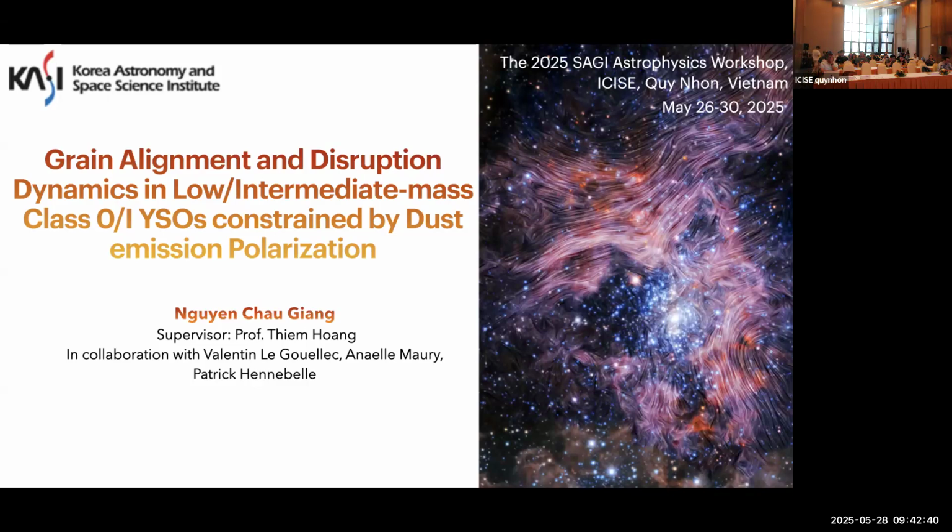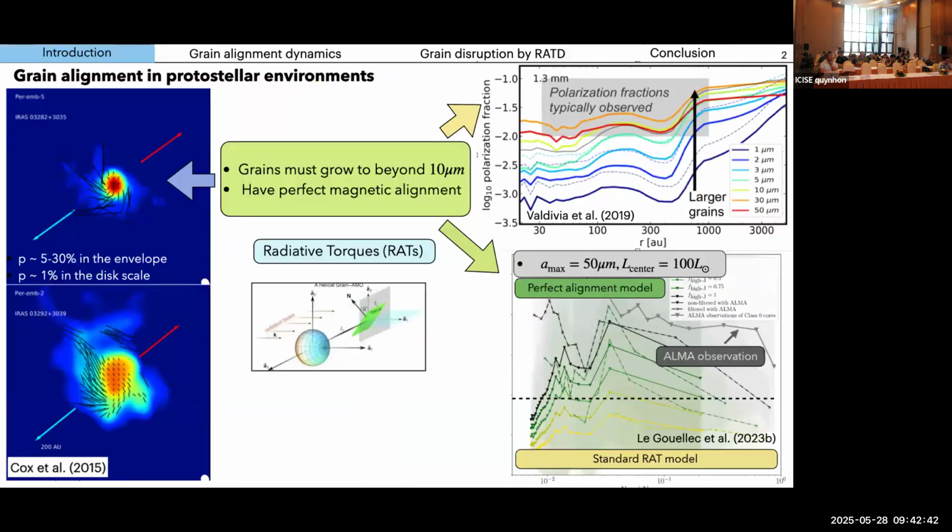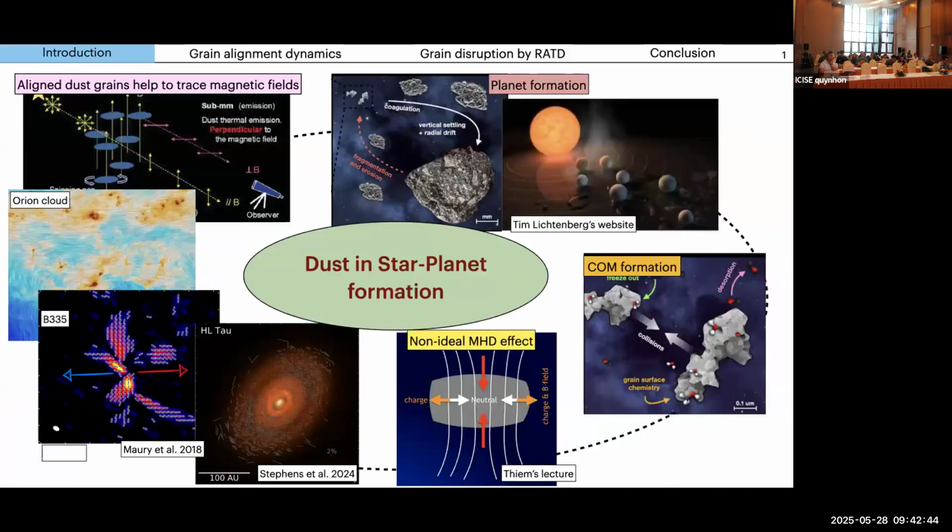So why do I study these subjects? We know that stars form due to the gravitational collapse inside the dense parts of molecular clouds. But during the collapse, not only does the gas density increase, but dust grains also have higher possibilities to collide and coagulate with other grains to form larger ones. So we have the coevolution of gas and dust in the star forming region.